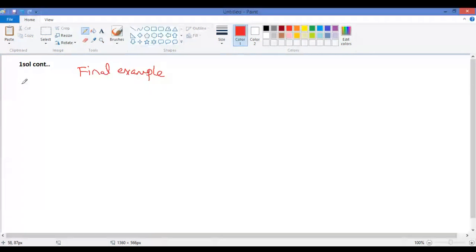What is this example? Convert 405, which is in base 6, to base 8.